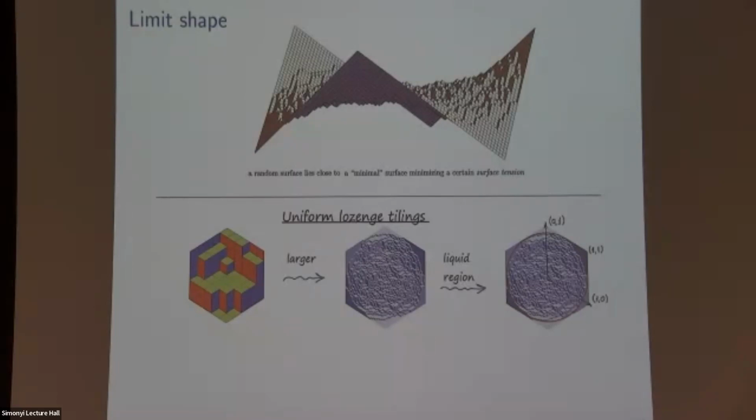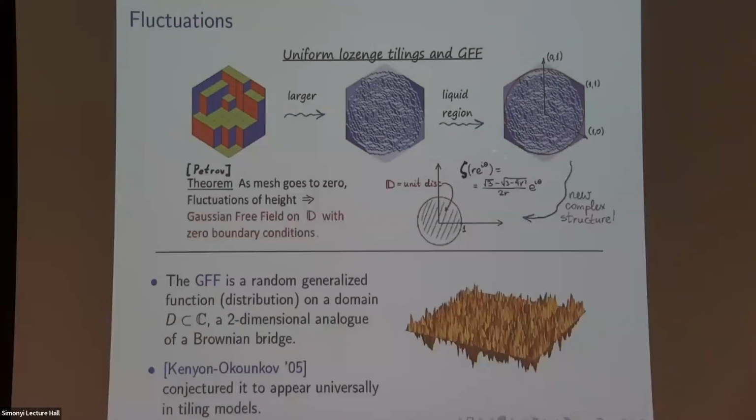So it takes into account the corners. It sees the corners. However, the fluctuations live only inside the domain, because at the corners there is nothing fluctuating. But yes, it definitely sees the shape of the limit shape for the liquid region.